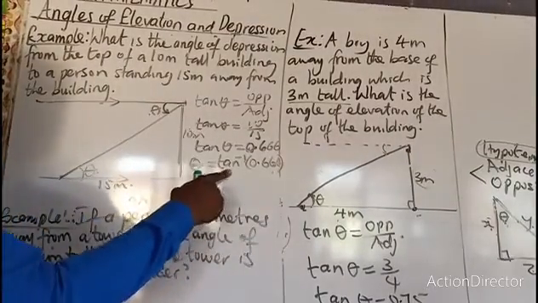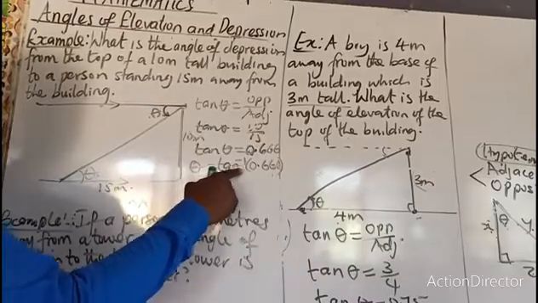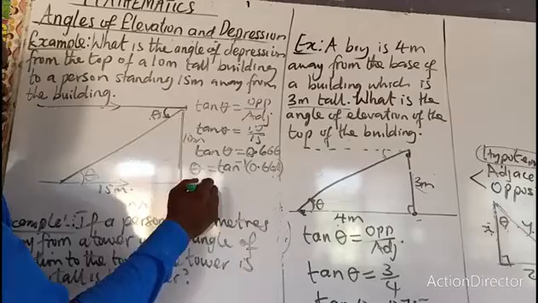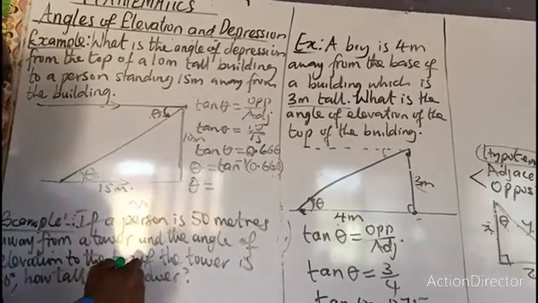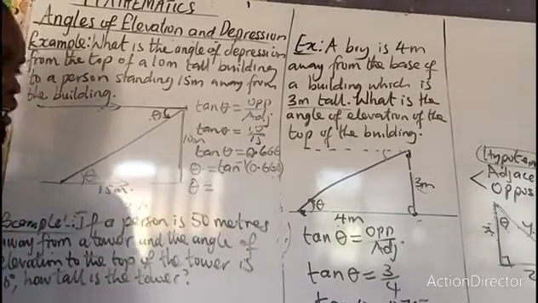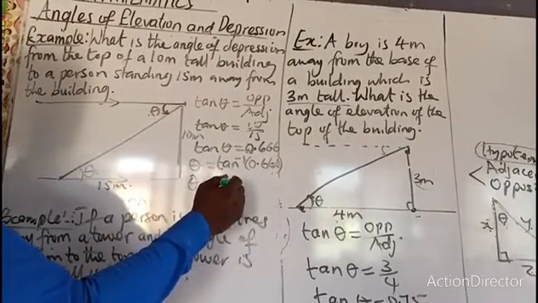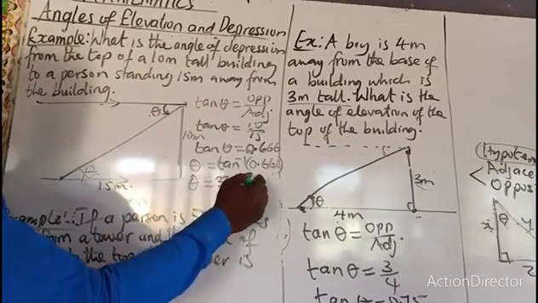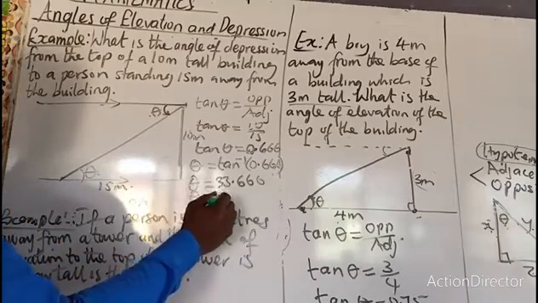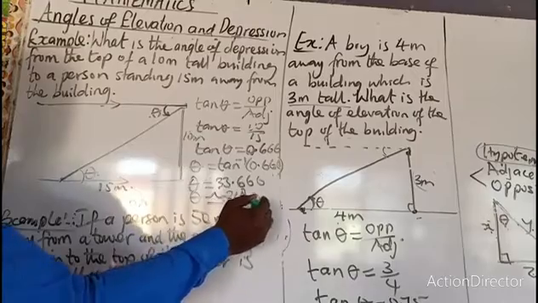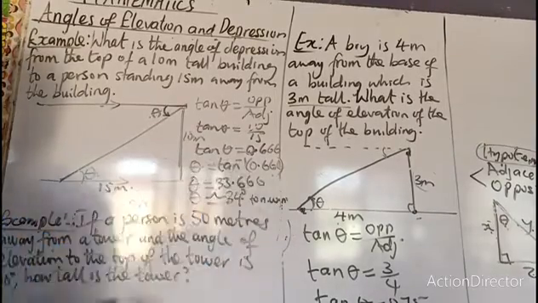That means you press your second function before you press tan. Is that clear? Alright, so what do we get? 33.66. This should be approximately equal to 34, to whole number.